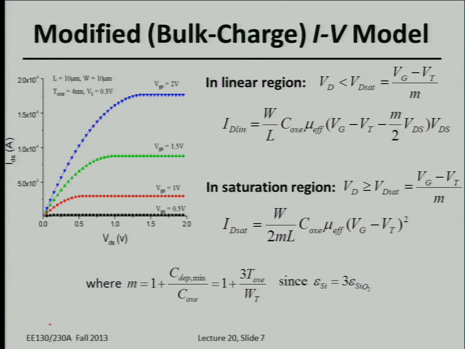The same thing for the saturation current: previously the term in the denominator was only 1, it was only W over 2L, but now it becomes W over 2L further divided by M.